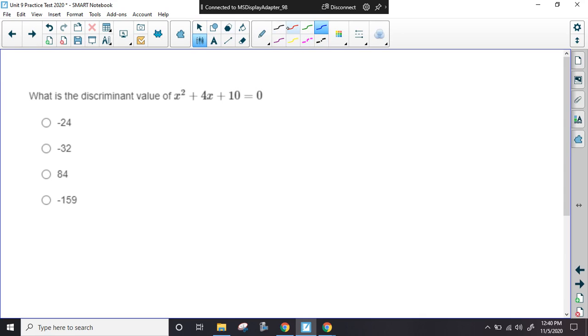So the discriminant, remember, this is the b squared minus 4ac, and we're actually wanting that value right there. Okay. So a is 1, b is 4, and c is 10.